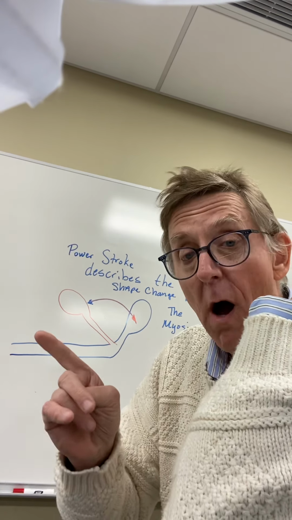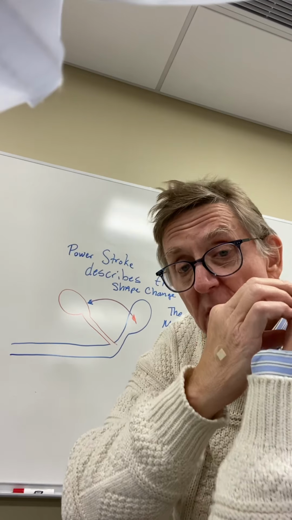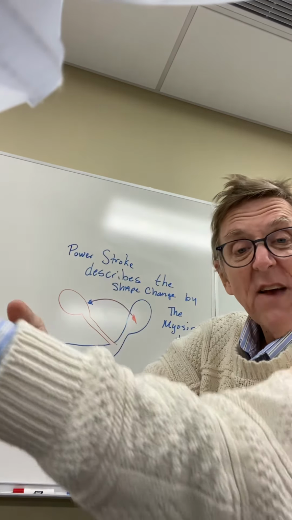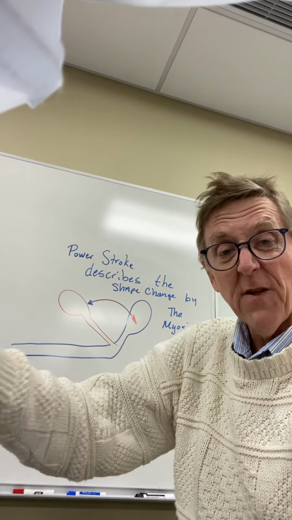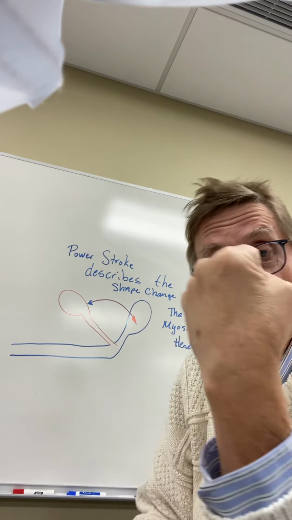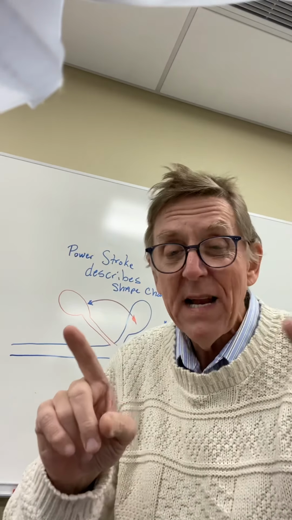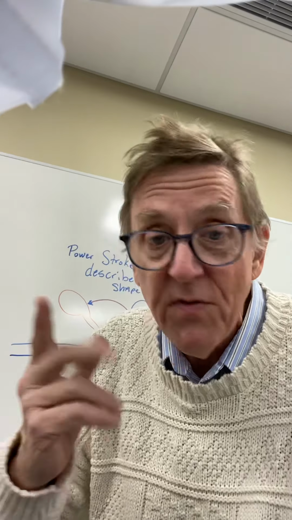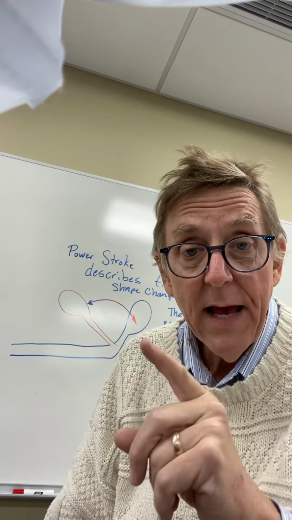But not for long, because you have ATP that comes in and releases the cross bridge, and the myosin head reaches, grabs, and pulls again. Another ATP comes in, breaks the cross bridge. The myosin head reaches and grabs and pulls. And this is happening a multitude of times simultaneously with all of those different myosin heads.